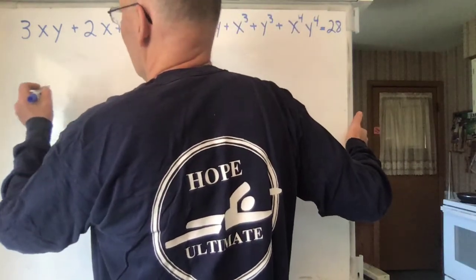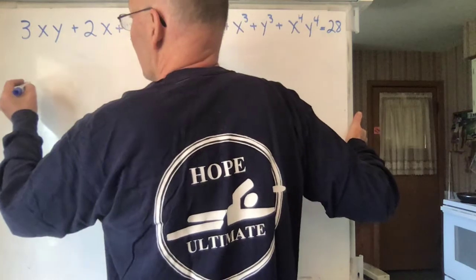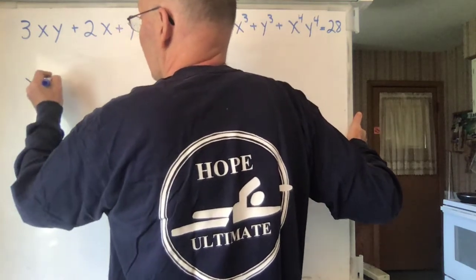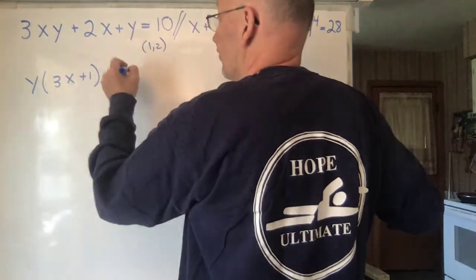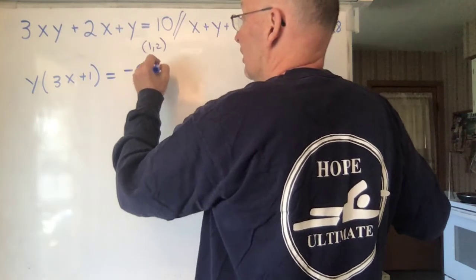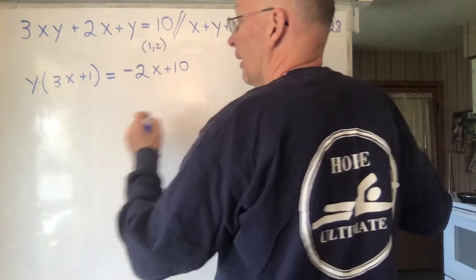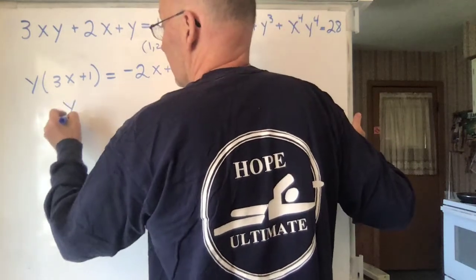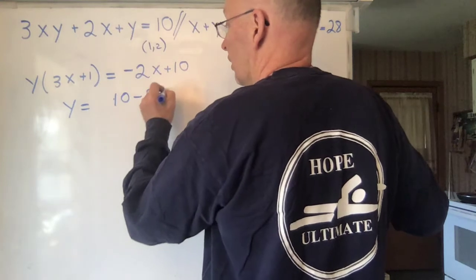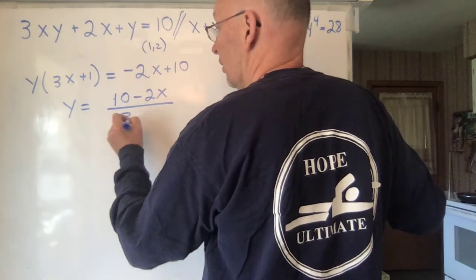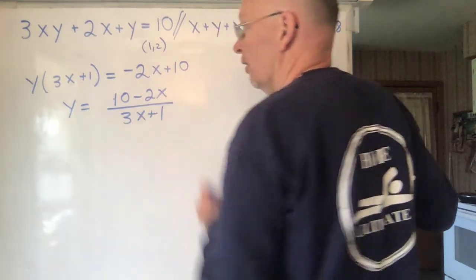So if I solve it for y, I'm going to first factor a y out of these terms, and then bring this over to the other side, and then we can write it like this.